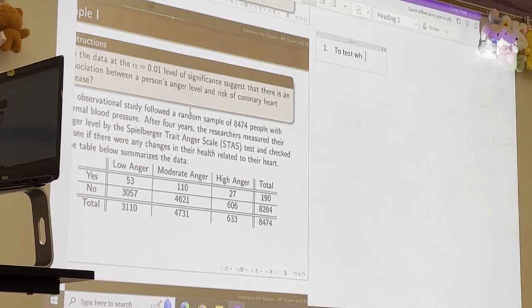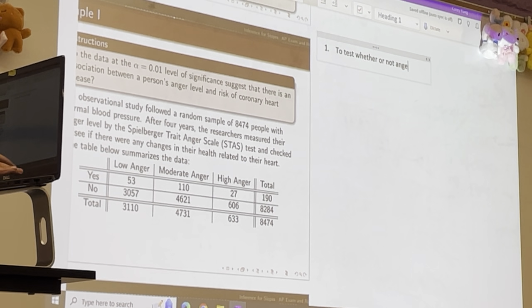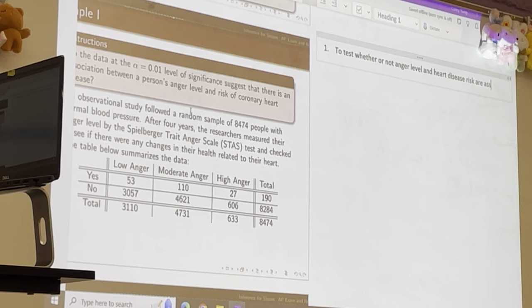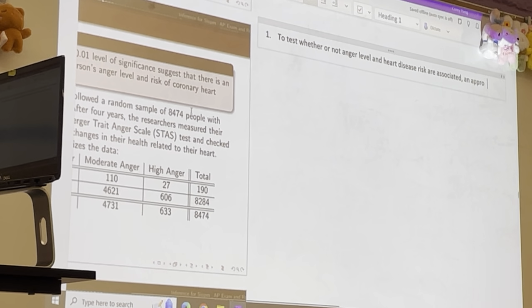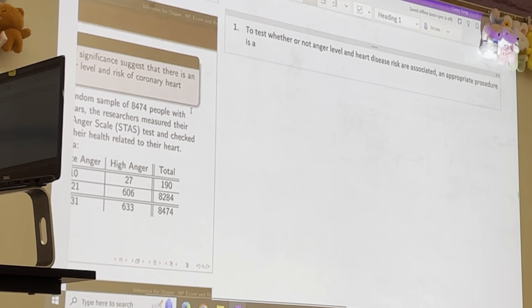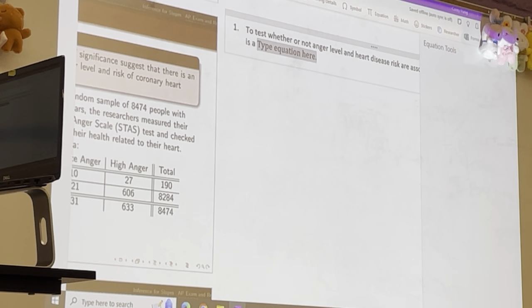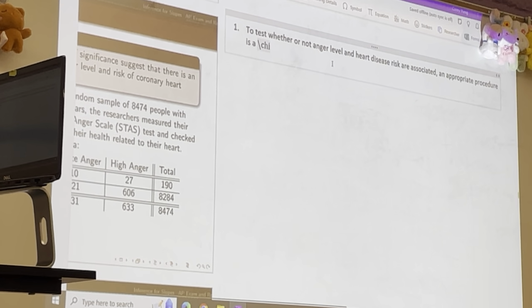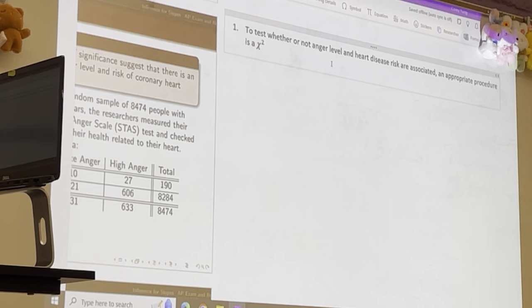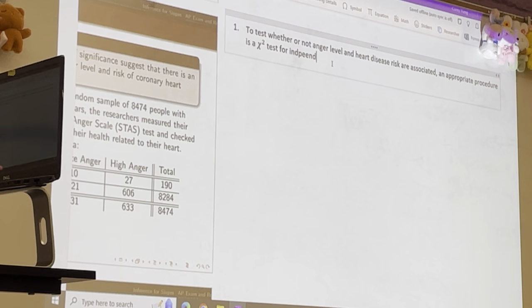So to test whether or not anger level and heart disease risk are associated, an appropriate procedure is, and then give me a moment to do this, chi-square test for independence with the following hypotheses.